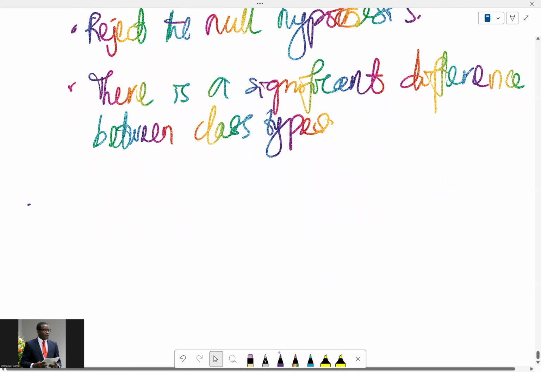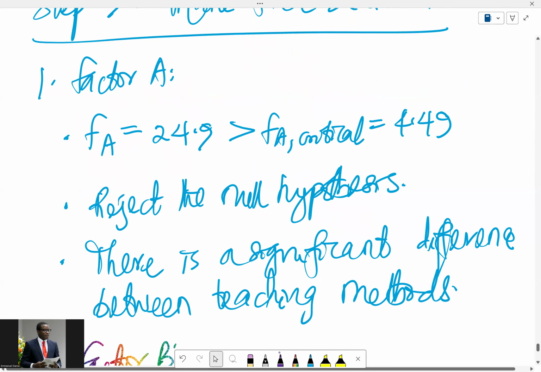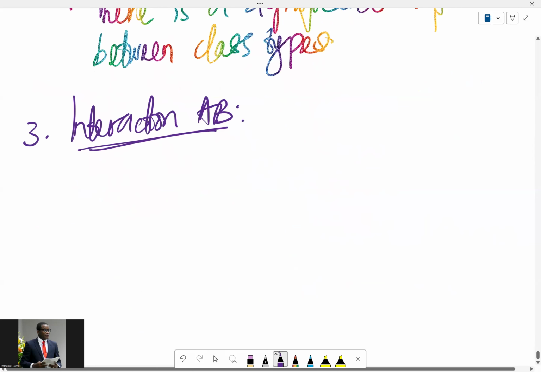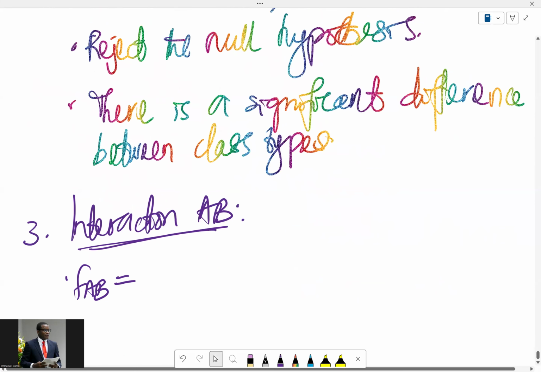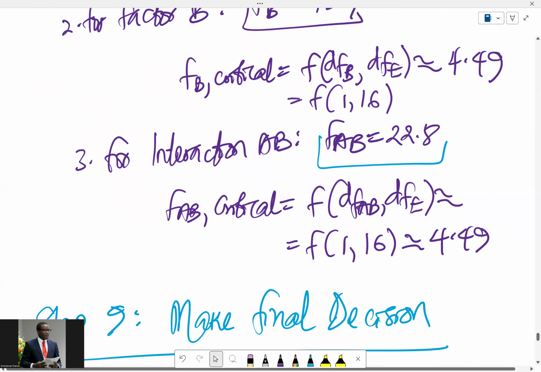Then we go for point 3, talking about interaction AB, that's the interaction between teaching method and class type. Again, we see that the test statistic FAB is approximately 22.8.